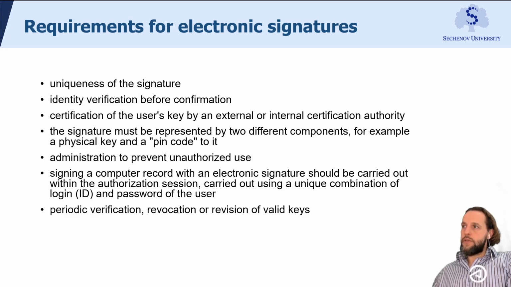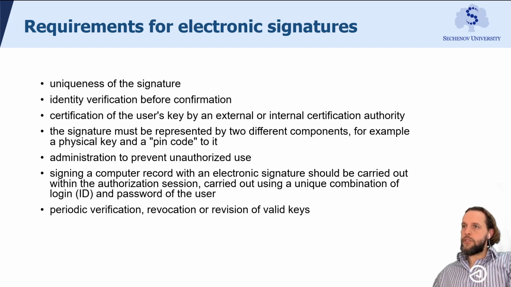Talking about electronic signatures, they should always be unique, so each person will have a different digital signature, and this person needs to be identified before confirmation of this signature. And in many cases, we need to have a certification for the user signature provided by an external body. For example, it could be a government body or some other type of legal body authorized for digital signature provision.